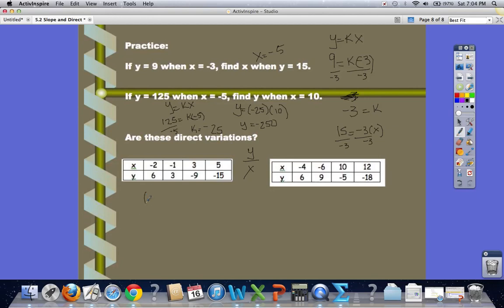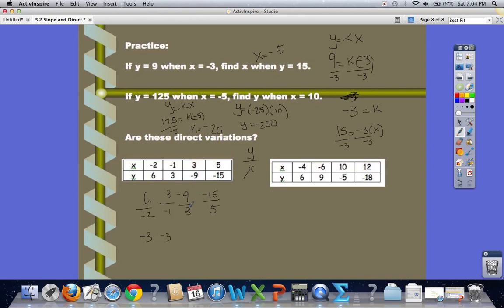So I'm going to do 6 over negative 2, 3 over negative 1, negative 9 over 3, negative 15 over 5, and I'm going to see what that is. 6 divided by negative 2 is negative 3. 3 divided by negative 1 is negative 3.